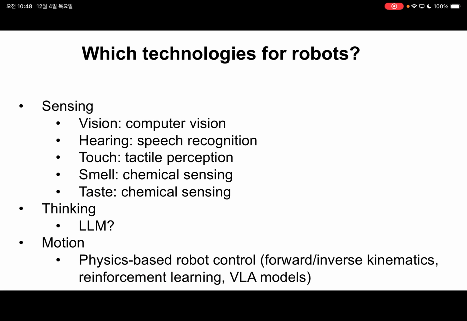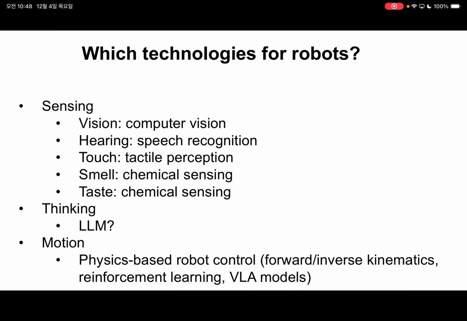And which top technologies do we need to implement for robots? There can be several components. Sensing means trying to perceive what is happening. We humans have five senses, right? We have eyes, ears, and so on.